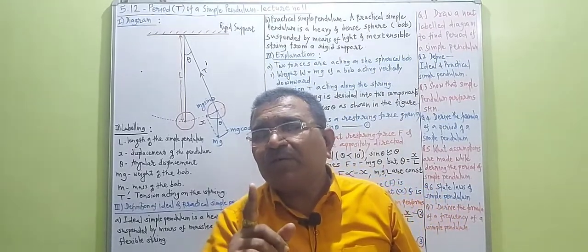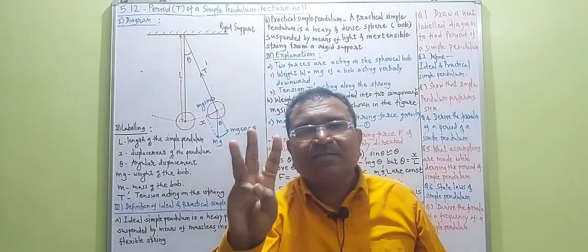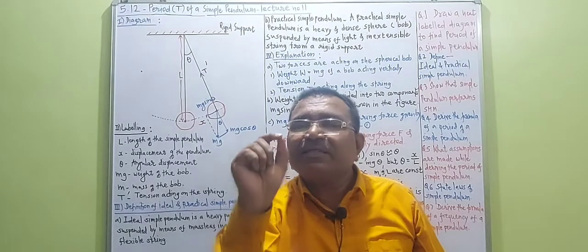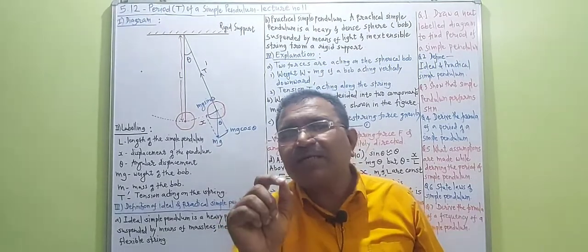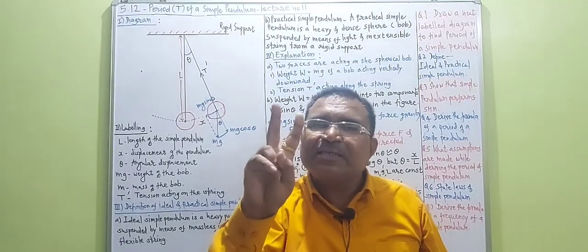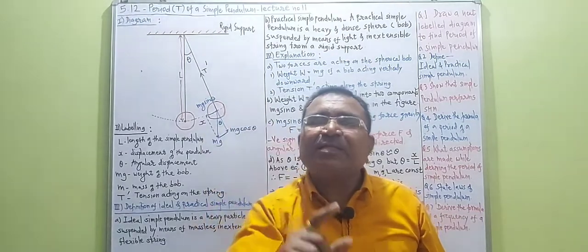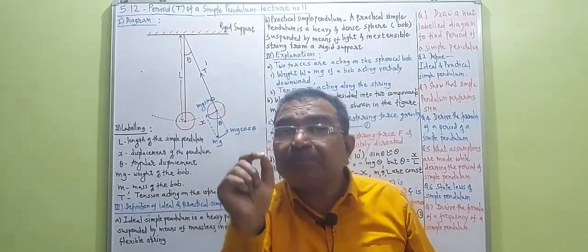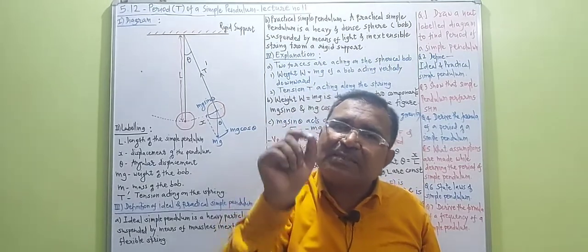For the ideal simple pendulum, we have to mention three properties of the string, and the particle is heavy. So an ideal simple pendulum is a heavy particle suspended by means of a massless, inextensible and flexible string, while a practical simple pendulum is a heavy and dense sphere.